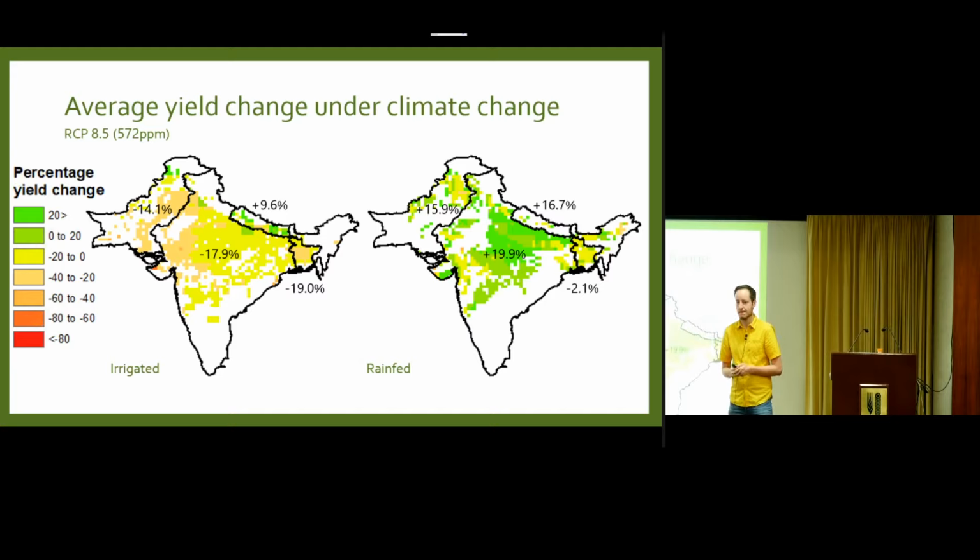But if the growing season is shorter, it will also affect the yield. Yes, of course, the potential yield will be affected. But you're never reaching potential yield in this rainfed production because it's so much water limited.